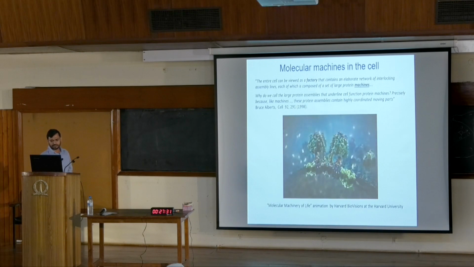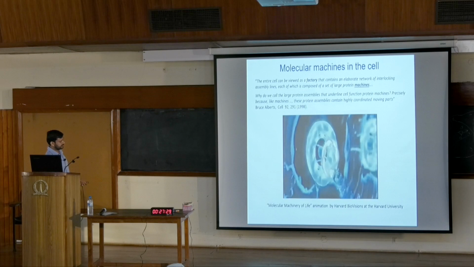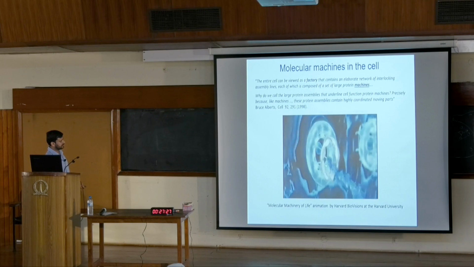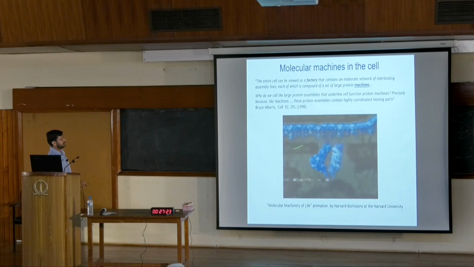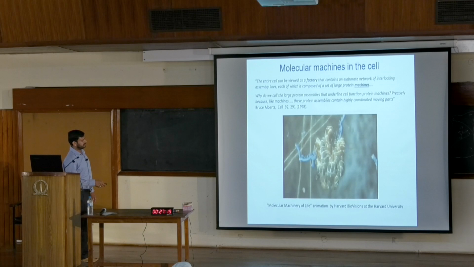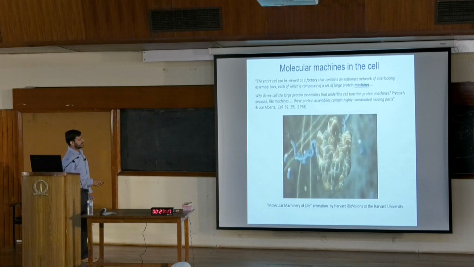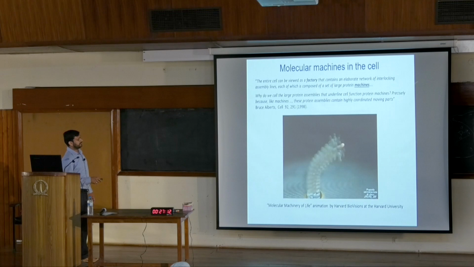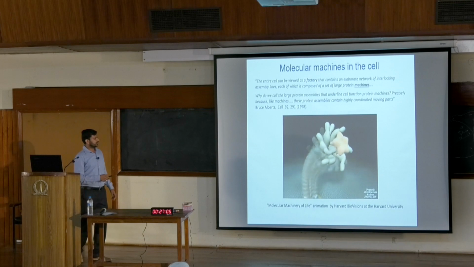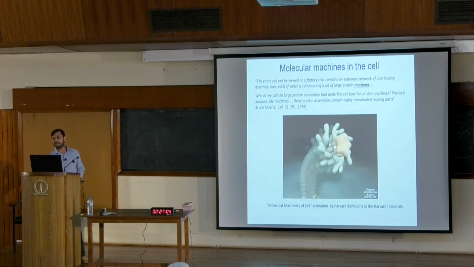As you go along, you see the rotary mechanism of the ATP synthase, the nuclear pore, which helps in the transport of materials in and out of the nucleus, and the ribosome, the center of which is where single amino acids are being added based on the mRNA codon. Then the flagella, where you see the rotary movement of the flagellum, which helps the bacteria to move.